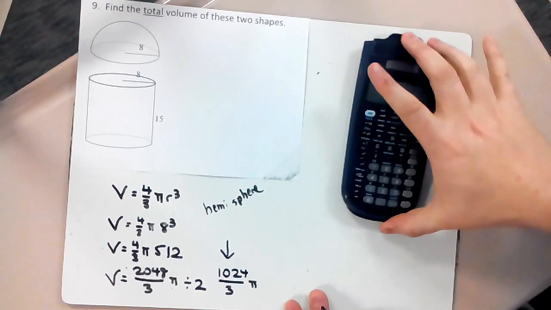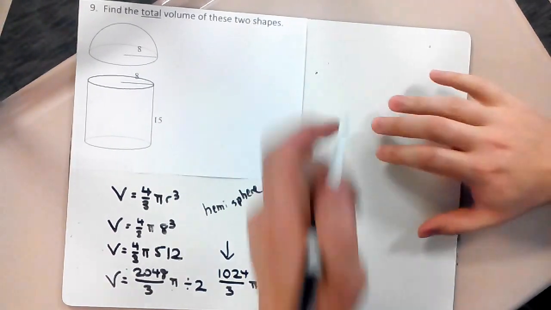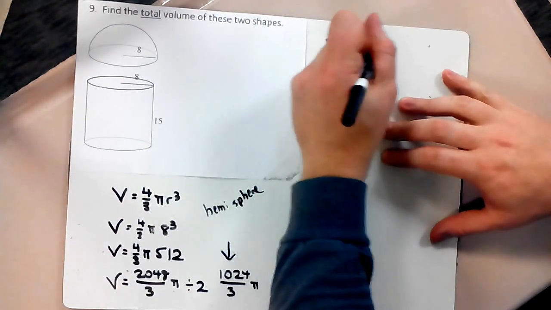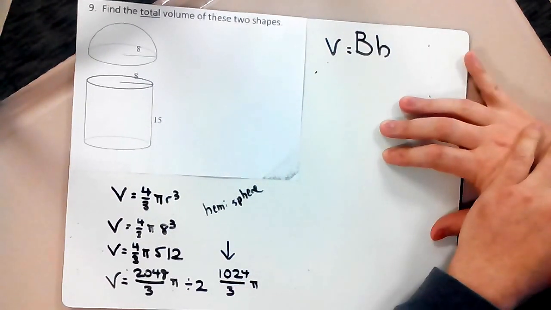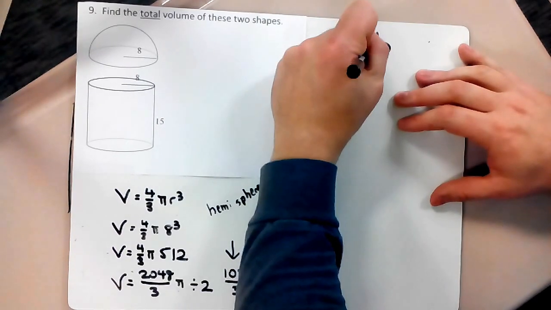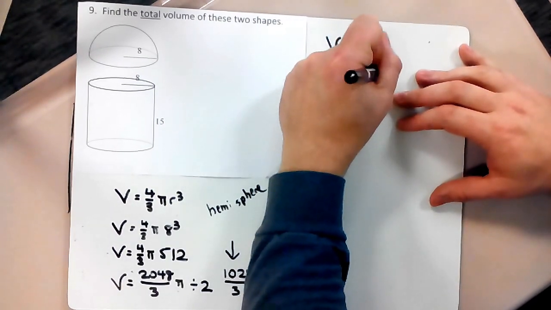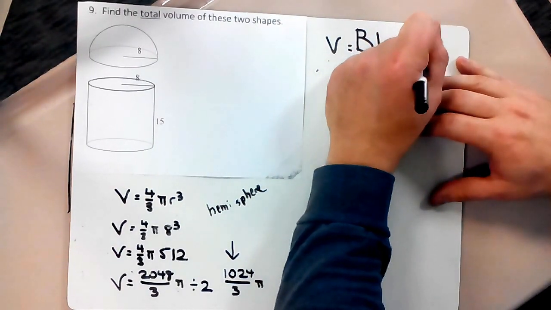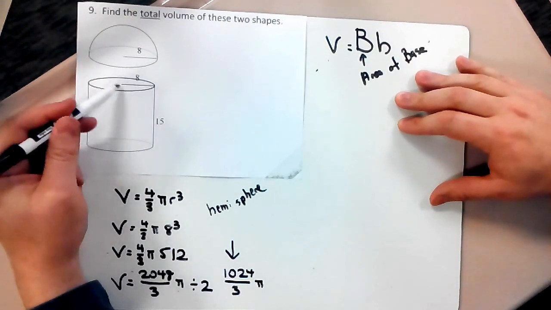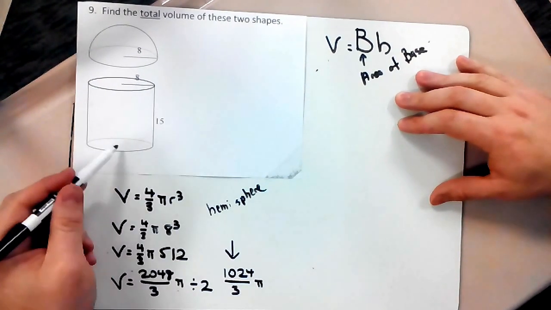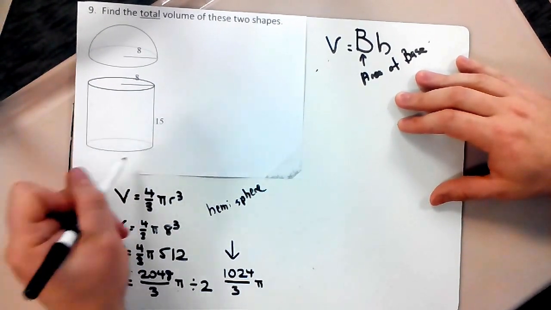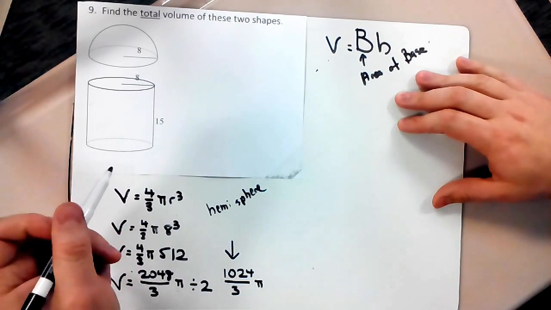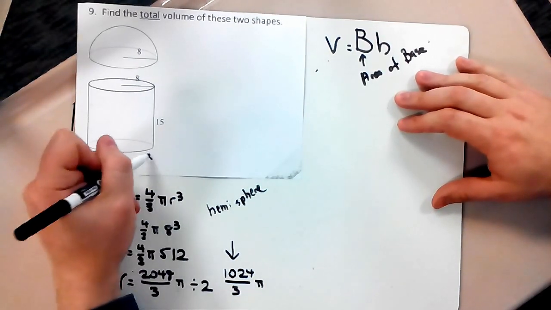And here's where we're going to talk about big B. So the volume of a cylinder, V equals big B times H. Big B is the area of the base. So if we look here, the shape of the base of this cylinder is a circle. The area of a circle is pi r squared.